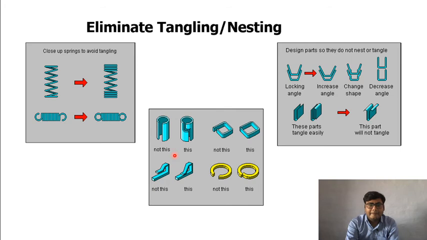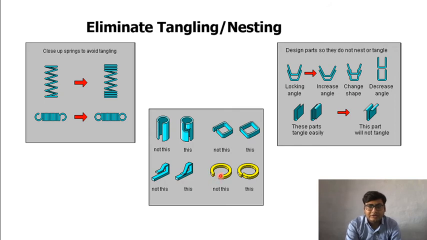Then these are some examples of how to avoid tangling and nesting. If it is a straight cut, then there are chances of tangling. But if we provide this kind of shape, then there will not be any tangling. If there is an open end, then there are chances of tangling. If we close that end, then tangling is not possible.